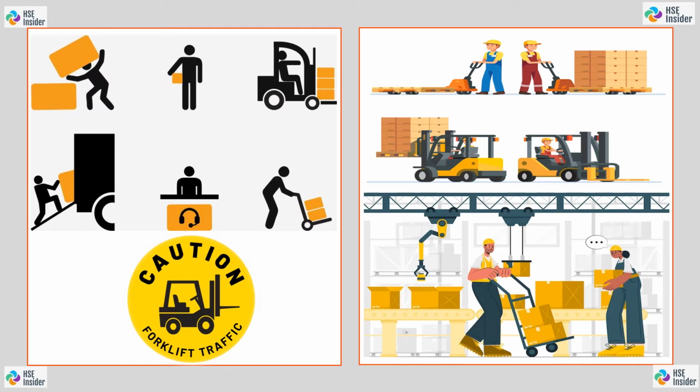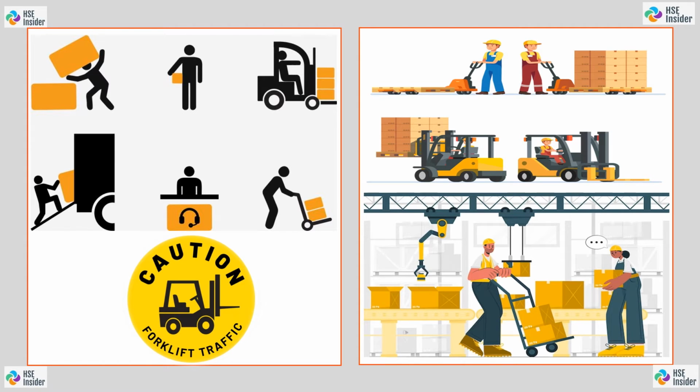Then, the important factor in material handling is ergonomics. Ergonomics plays a huge role in reducing injury risk. So how can we improve ergonomics in your workplace? Adjustable equipment: use adjustable height platforms and carts to reduce bending and reaching.